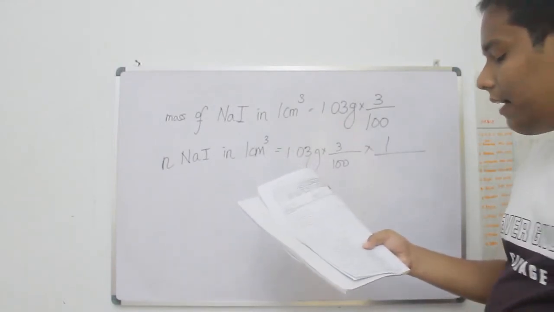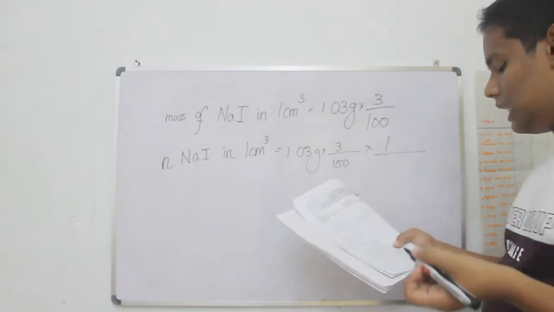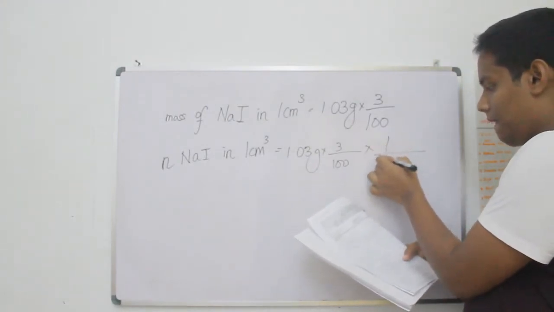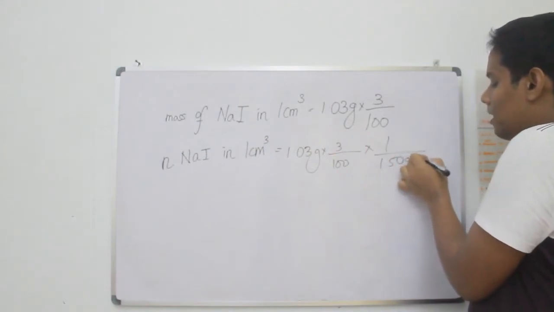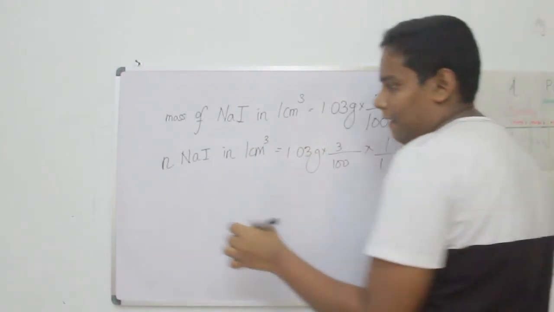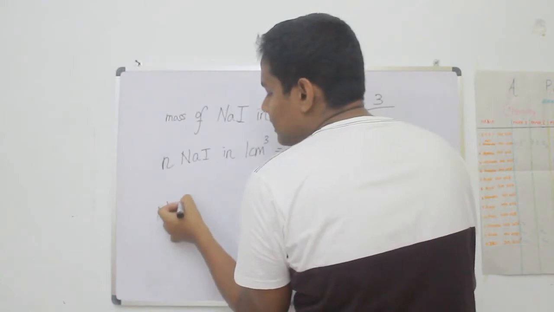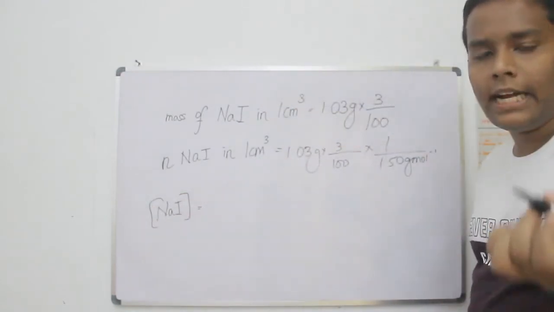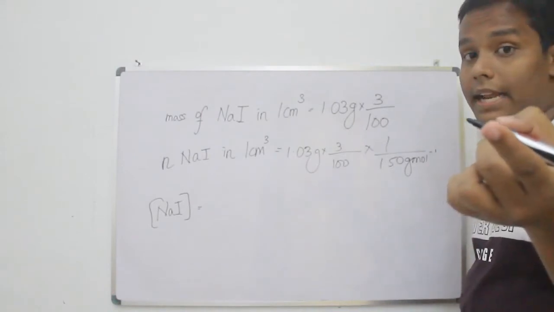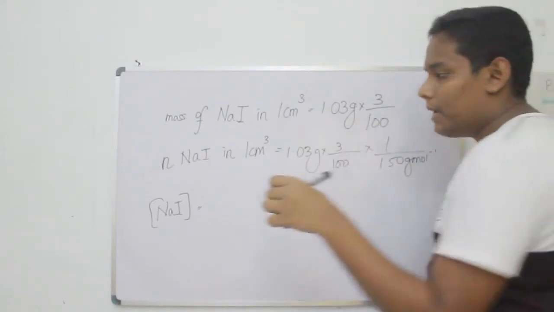Iodine is 127 and sodium is 23, so 150 grams per mole is the molar mass of NaI. So the NaI concentration, what is concentration? The number of moles of NaI present in 1000 cubic centimeters, that is 1 cubic decimeter.